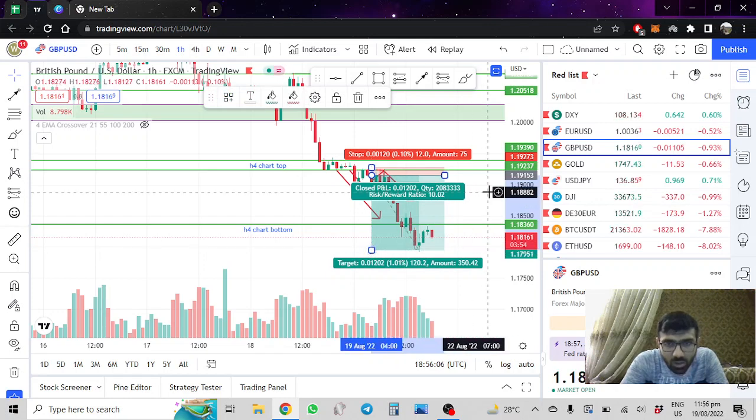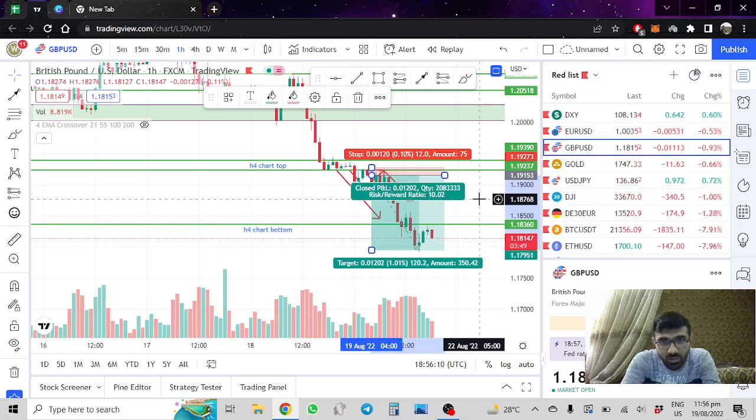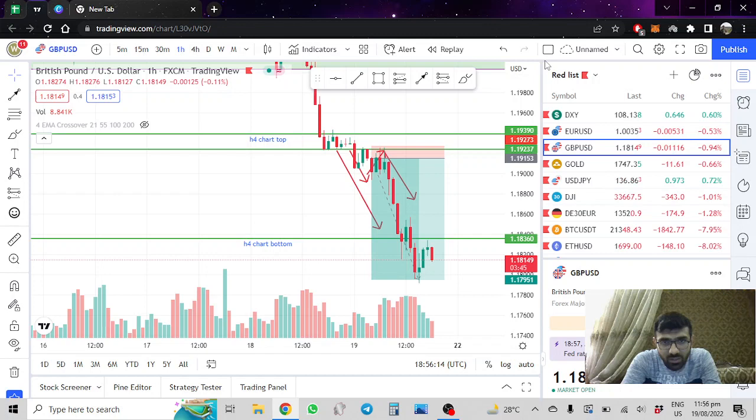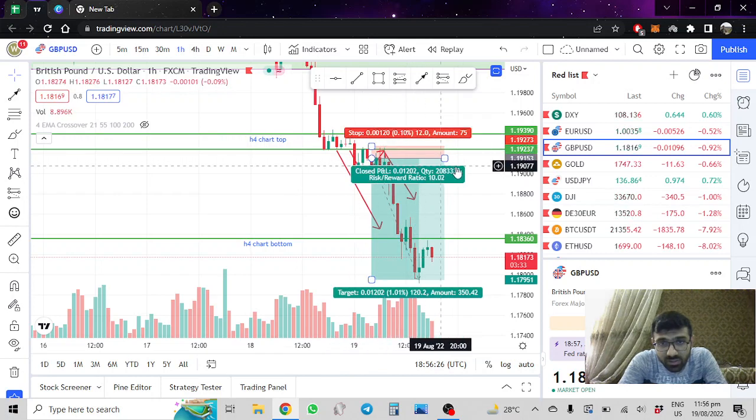Oh my god, this is huge profit, and this was the cautious trade. Just imagine the outcomes that we are getting from these scenarios, that even the cautious trading is giving us huge profit. Just look over here, this is such a small stop loss and huge profit.